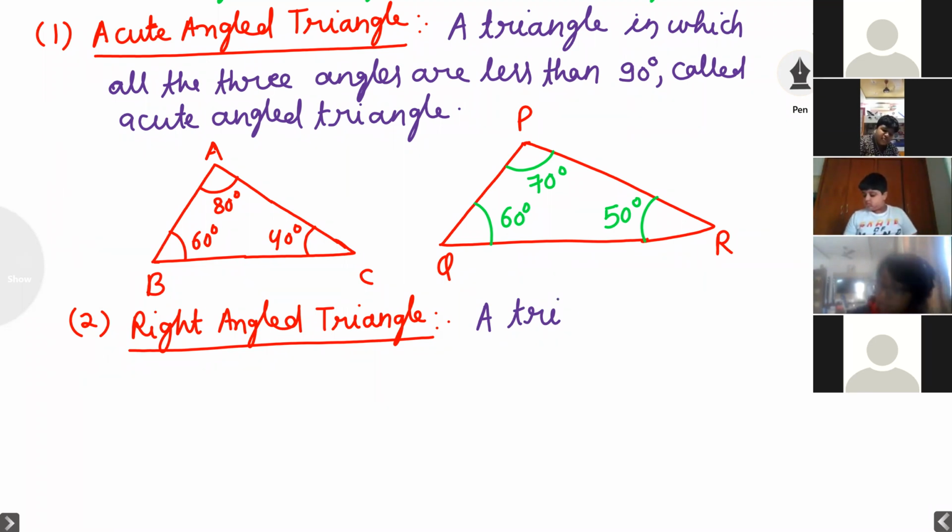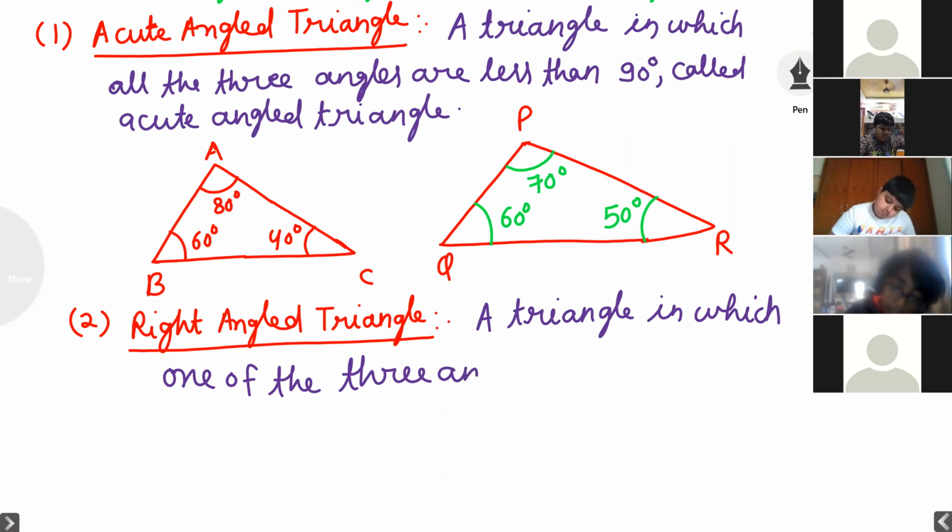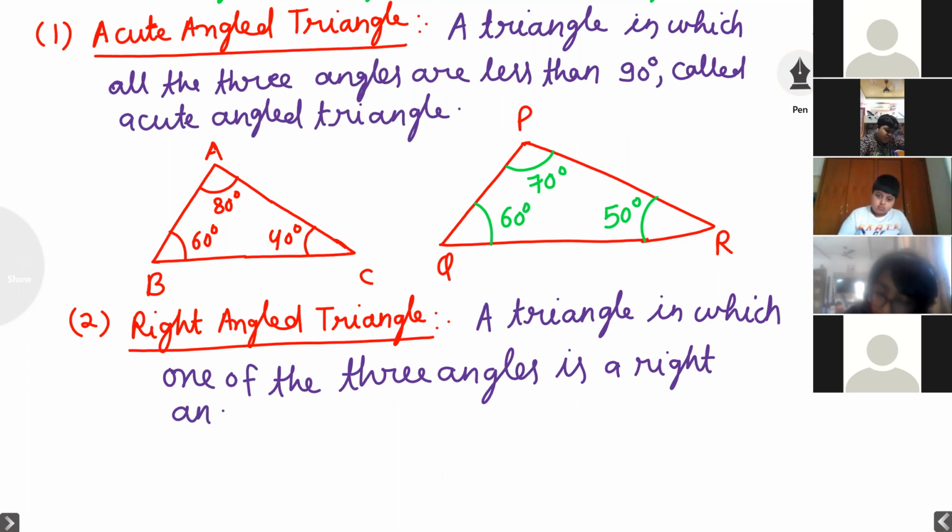A triangle in which one of the three angles, means in the three angles, one angle is the right angle. Right angle means what? 90° angle.